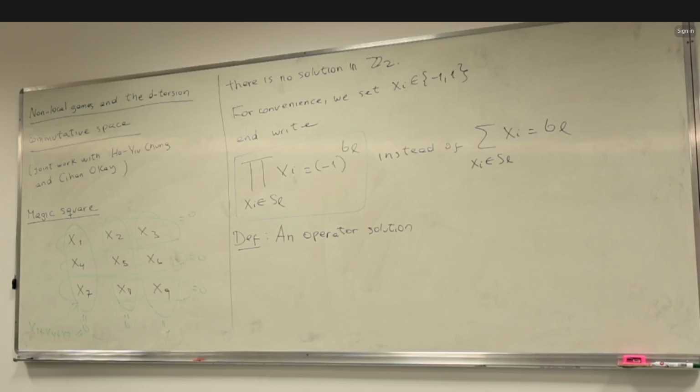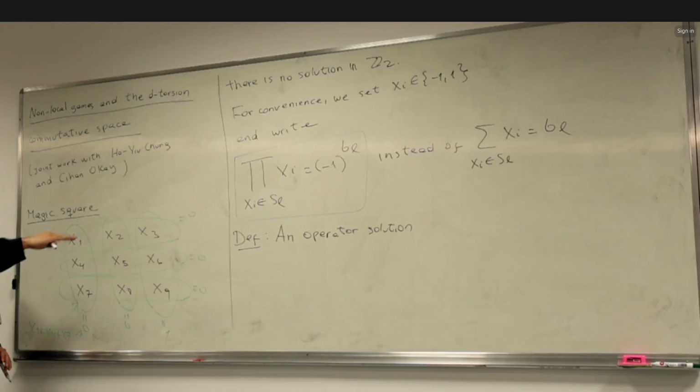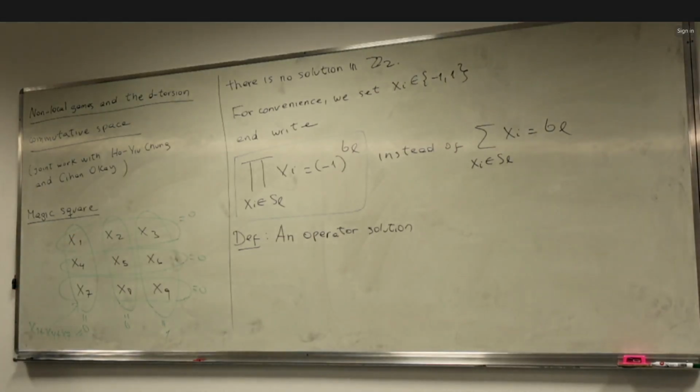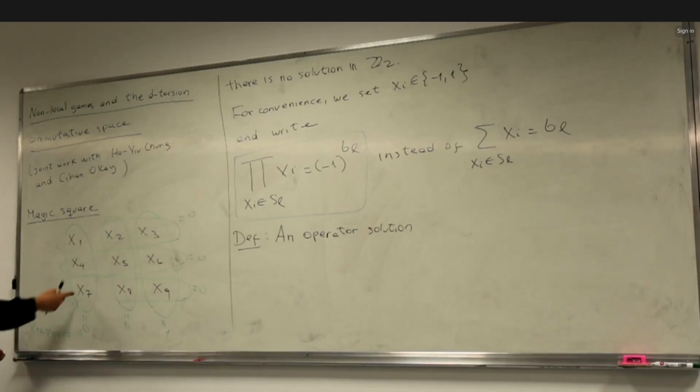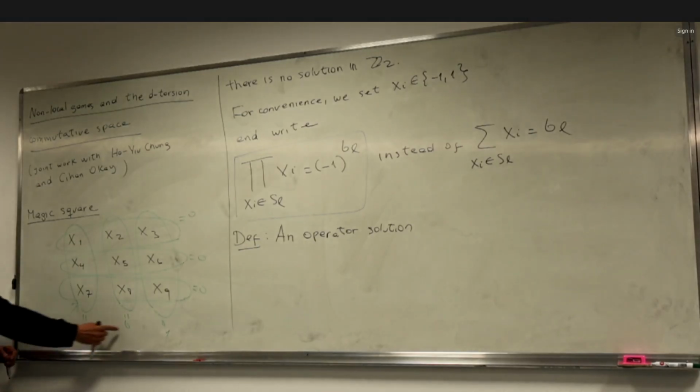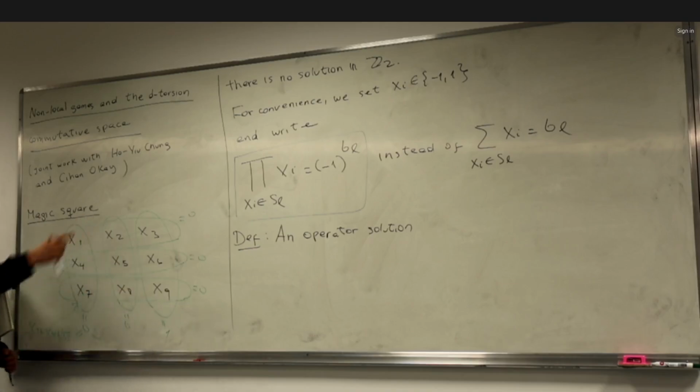S_L is any of these rows or columns, any of the equations. B_L is one of these coefficients, 0, 0, 1.